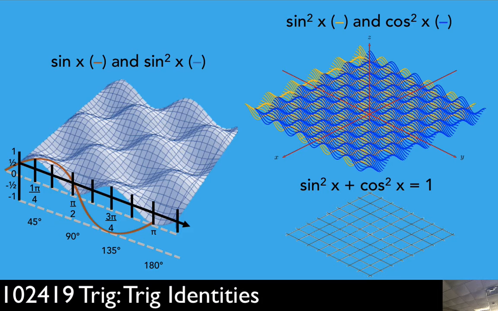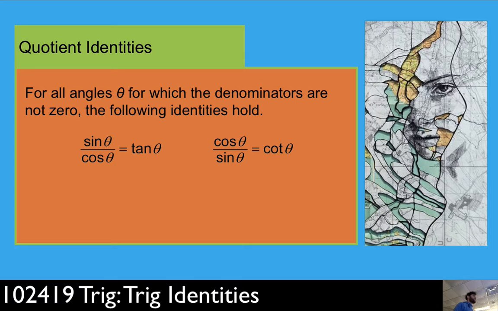If you add the two of them together, you get this flat surface. Maybe that depiction doesn't help you, but I was trying to show a different way of looking at it. All right, on to the next identities, these quotient identities.